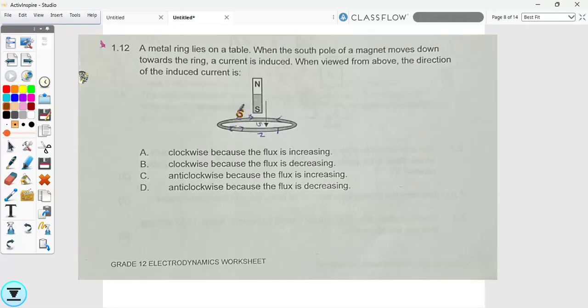South pole. So you did write it correctly there. So I'm going to have a south pole at the top and a north pole at the bottom. And they're saying it's moving towards the ring, so they're only caring about the bit where it's towards the ring. So now you're going to use your right hand again and point towards the north pole. So here's north, here's south.